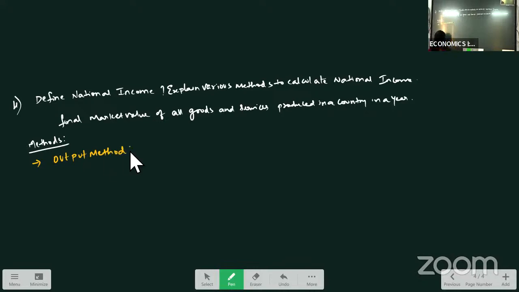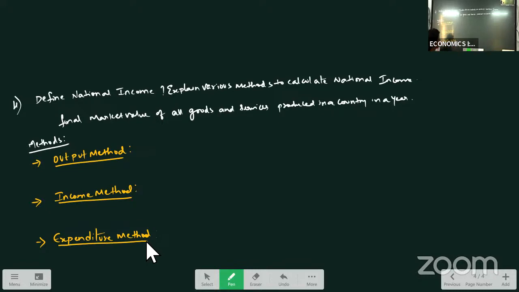First is output method. Next one is the income method. And next we have is the expenditure method. Right? What are the three methods to calculate national income? Output method, income method, and expenditure method.